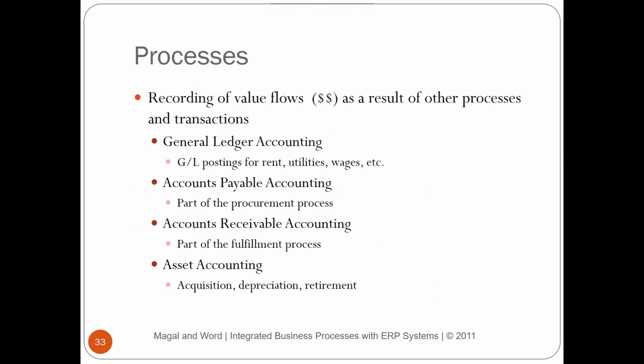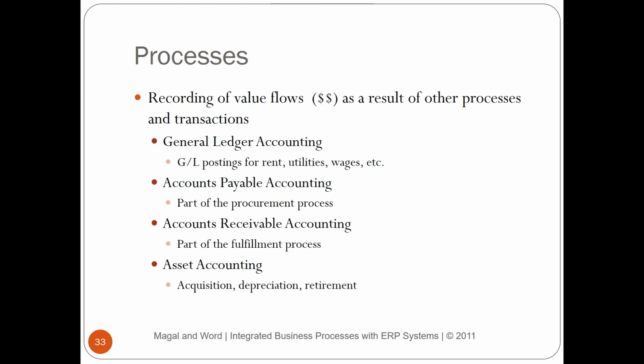About the processes: general ledger accounting is based on the double-entry accounting system, where every transaction has both a debit entry and a credit entry. Recall that the accounts are divided into the balance sheet accounts and the income, or profit and loss statement, accounts.